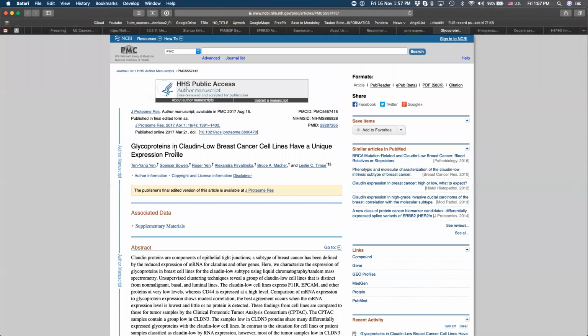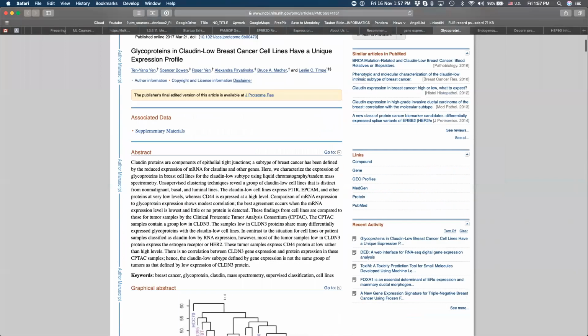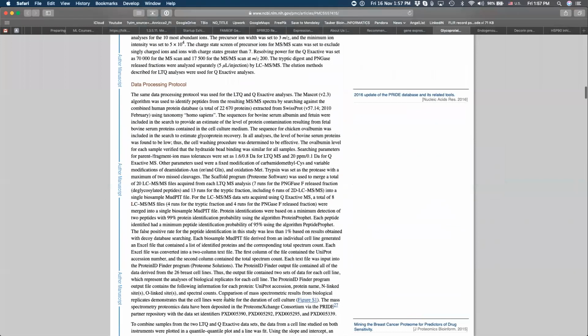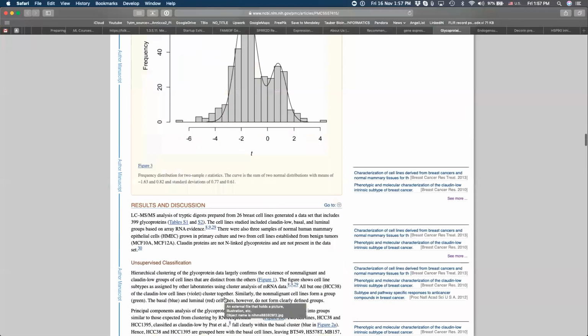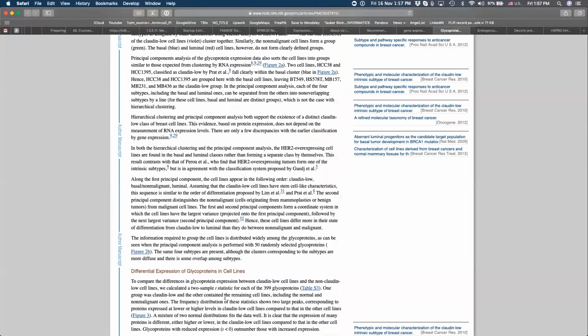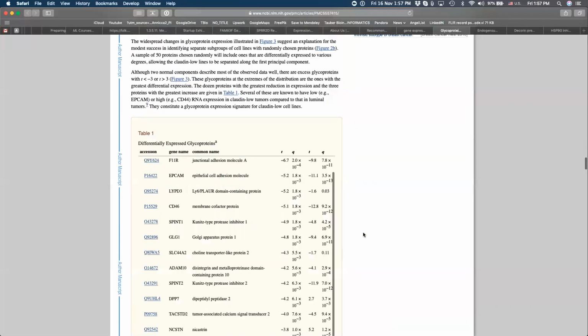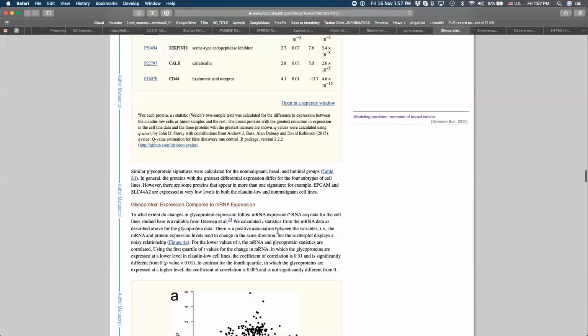And so they defined claudin-low. They focused on claudin-low. And then they went through the drugs and looked at what might be the reason why some of these drugs were more effective for claudin-low. So please read through this paper as an example. Try to understand what they did and what they found. I think it's very interesting what they found.